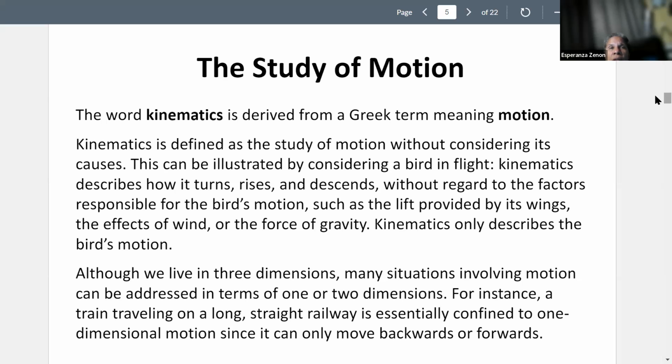And so what we do is we focus on the simplest case, and that is 1 dimension. And so when you're dealing with 1 dimension, you only have to focus on things like forward and backwards, or left and right, or up and down. The object is moving in a straight line, and you want to describe that linear motion without worrying about what made the object move.